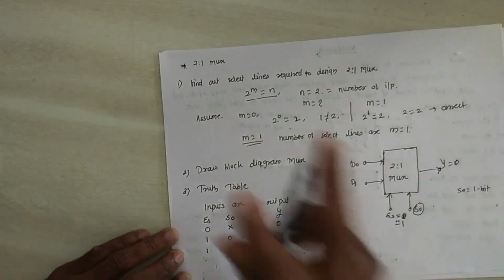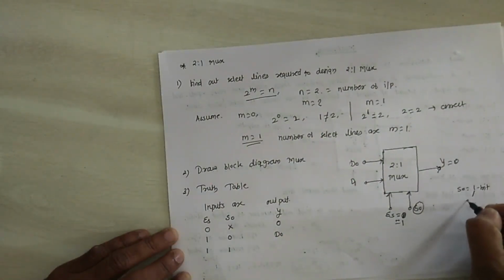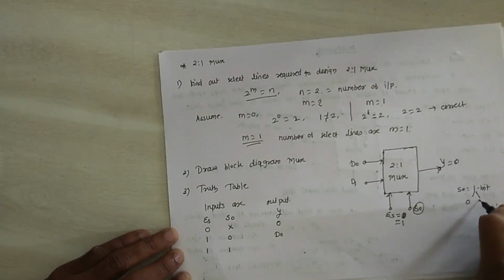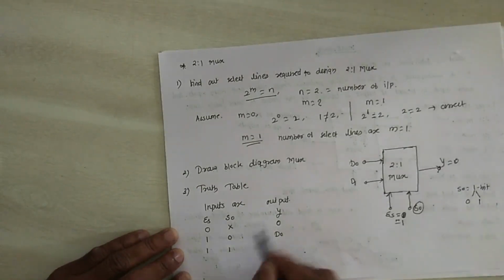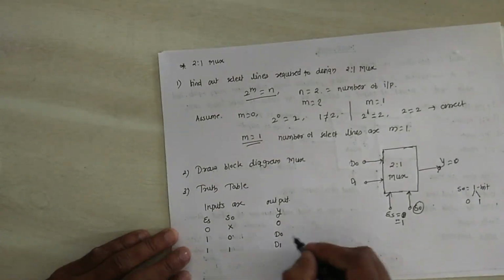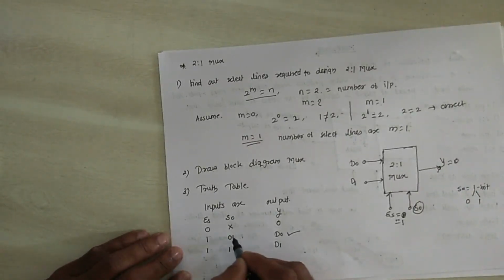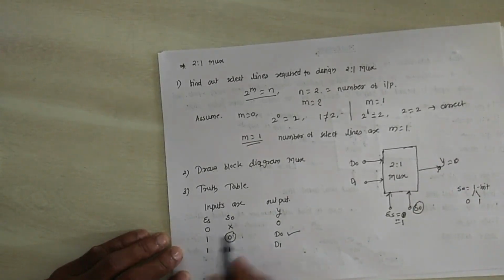This 1 bit having two different conditions or possibilities. It may be either 1 or it may be 0. So we have to consider 0 and 1. If the 1 is present, then output will be D1. So in this way, which input is present at output totally depends on the status of S0.